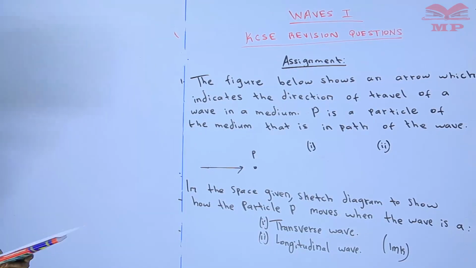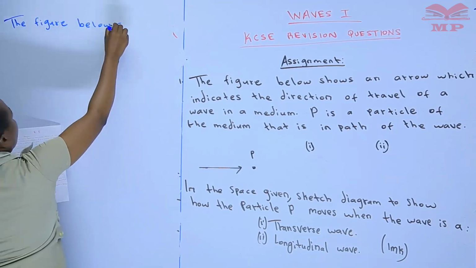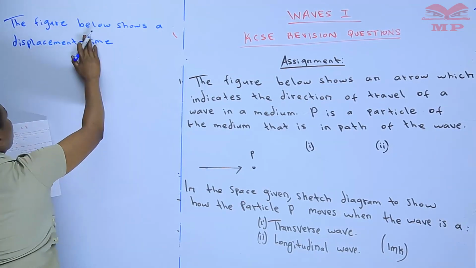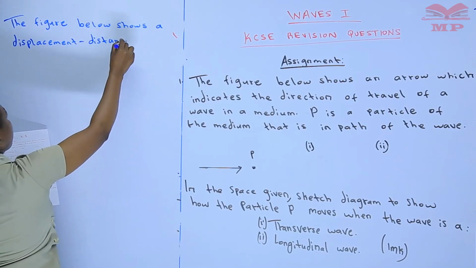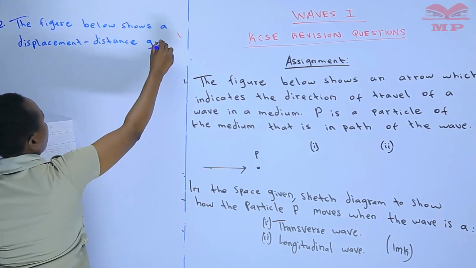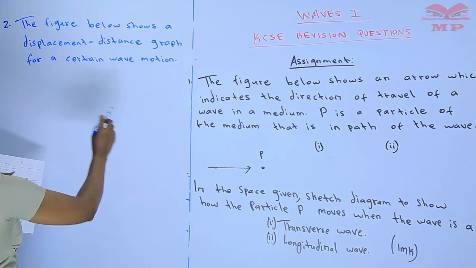Then number 2, you can work out the following. Sorry, it is not a displacement time, but a displacement distance graph. So I'll draw the wave here.